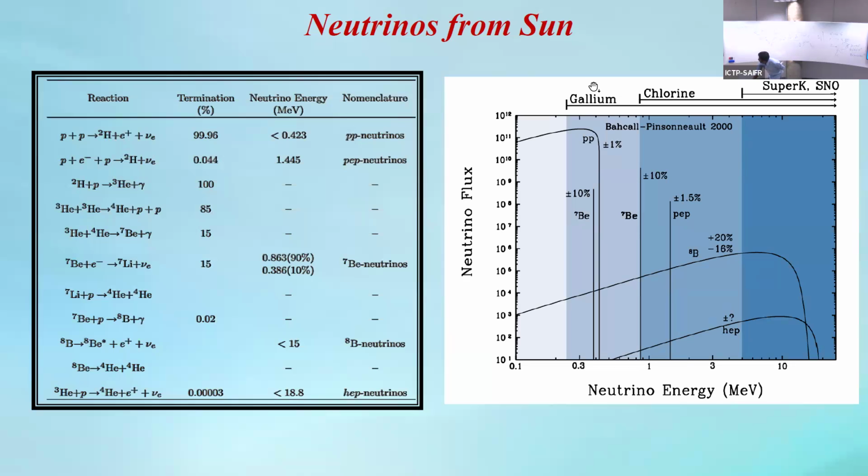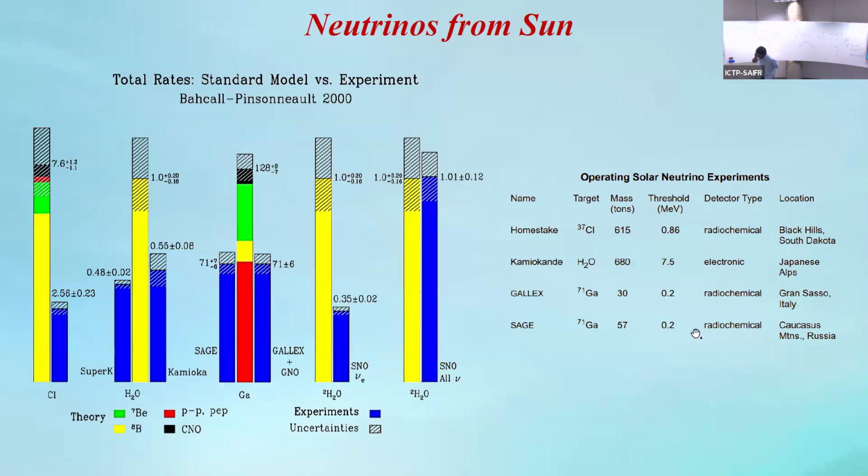Similar to the chlorine experiment, there was later another experiment, the gallium experiment, and they looked at much lower energy where you can look for pp. But here you are looking for boron neutrinos, and there are other neutrinos there.